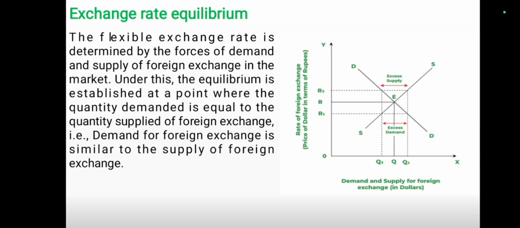When the rate of foreign currency decreases from R to R1, there is a decrease of Q to Q2. If the rate of foreign currency increases from R to R2, then quantity increases from Q to Q1. You can see the exact movement. So point E is the equilibrium point where there is equal demand and equal supply.